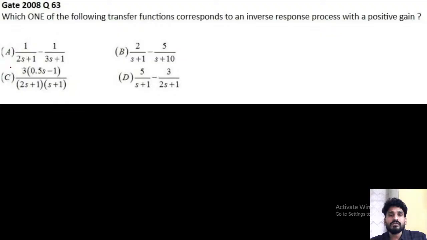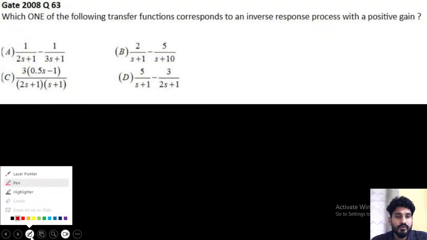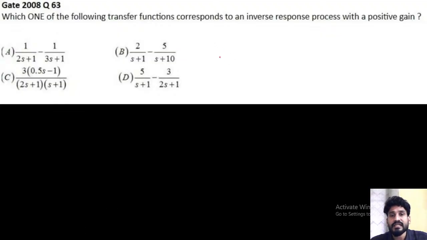When the two first order systems are showing the inverse response, the mandatory condition is tau 1 divided by tau 2 is greater than K1 divided by K2 is greater than 1. Means these ratios should be greater than 1.